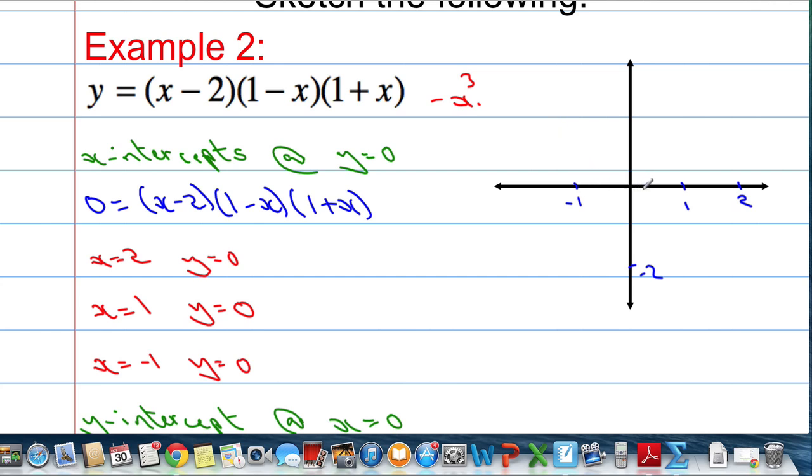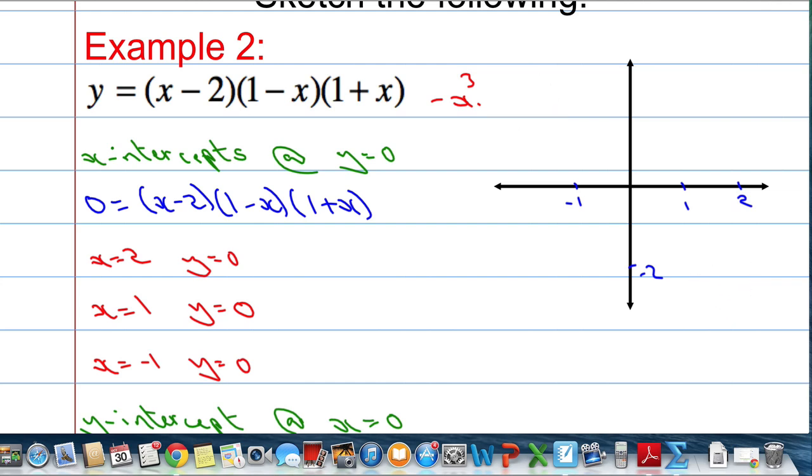So as x gets bigger and bigger and bigger, y is going to head closer and closer to infinity, but in the negative direction. So as x gets bigger, y gets smaller and smaller. So it's going in this direction, which means it must have come from up here. As x gets smaller and smaller, or more and more negative, y would get more and more positive.